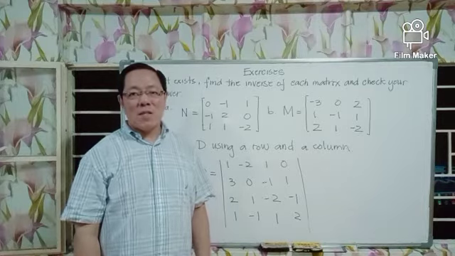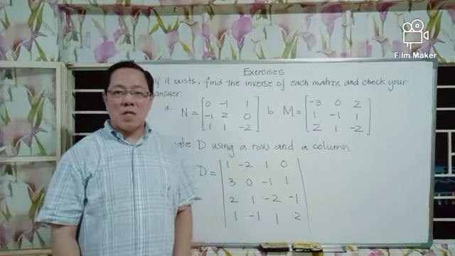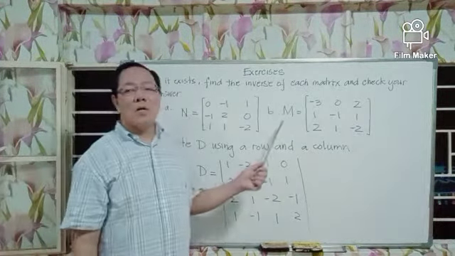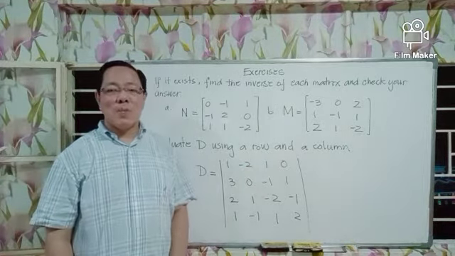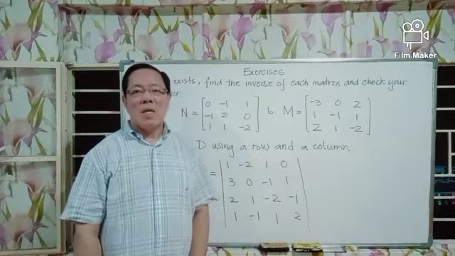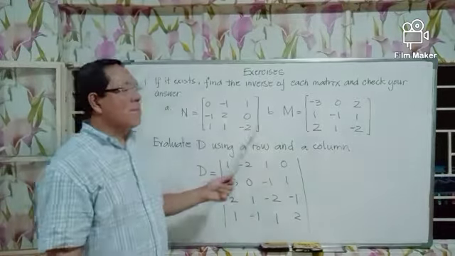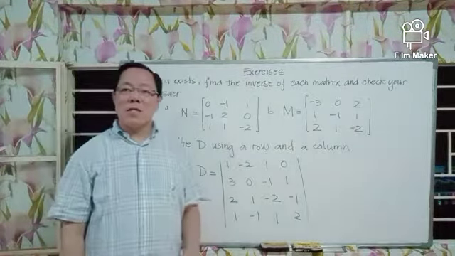If the determinant that you get is not equal to 0, you proceed by getting the adjoint of matrix M. And the adjoint of the matrix you multiply by the reciprocal of the non-zero determinant. And you have the inverse of the matrix, and you check your answer by multiplying the matrix by its inverse.